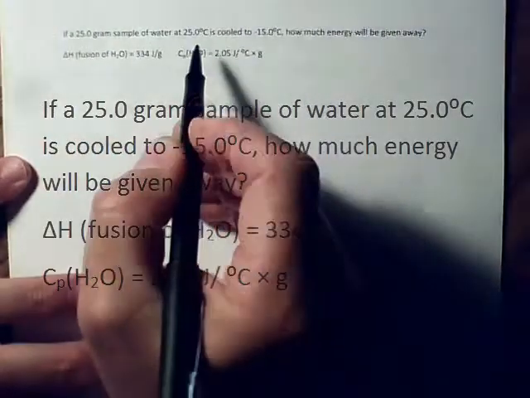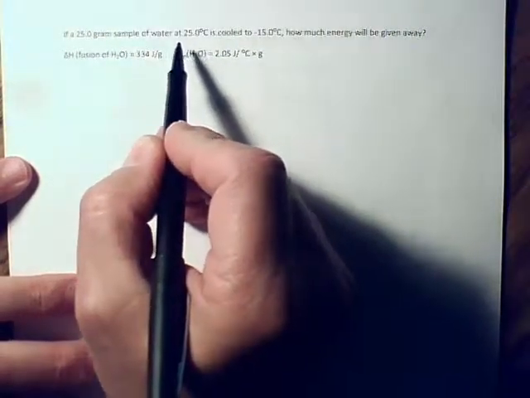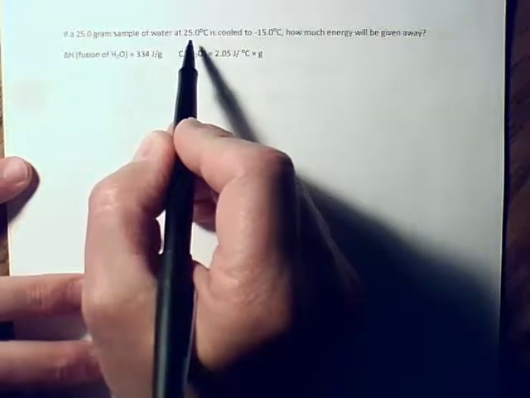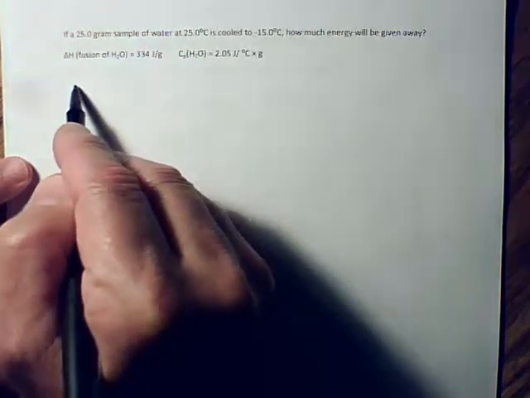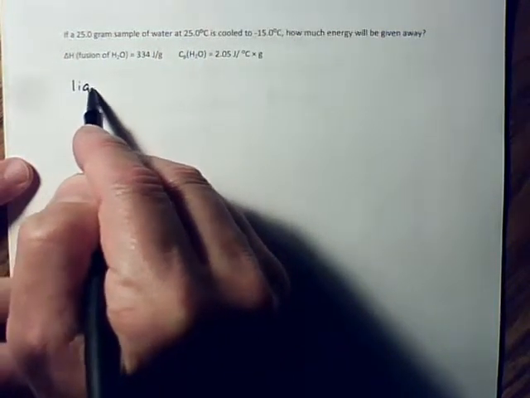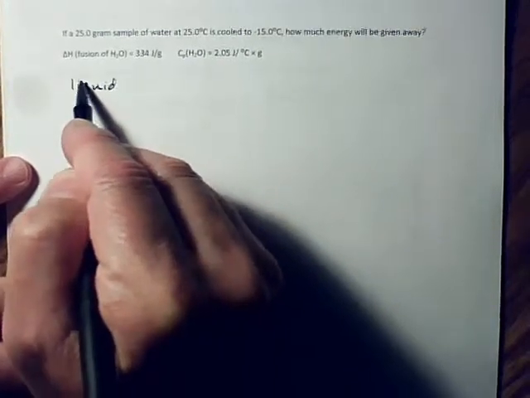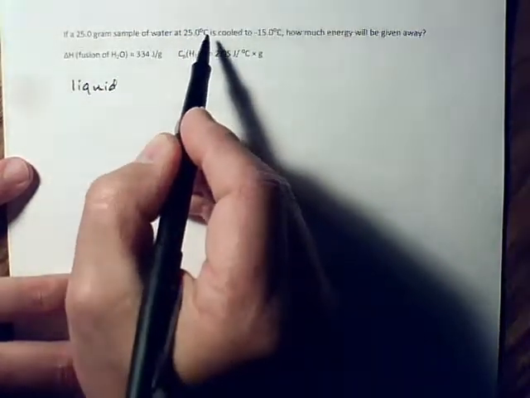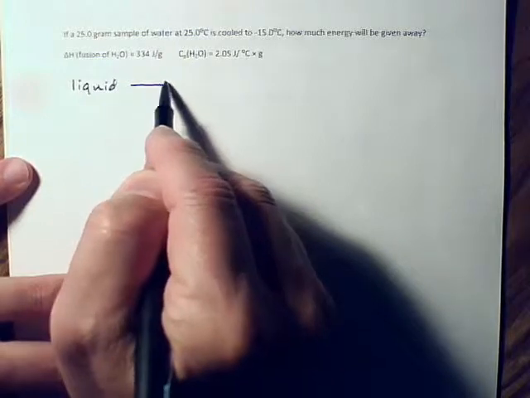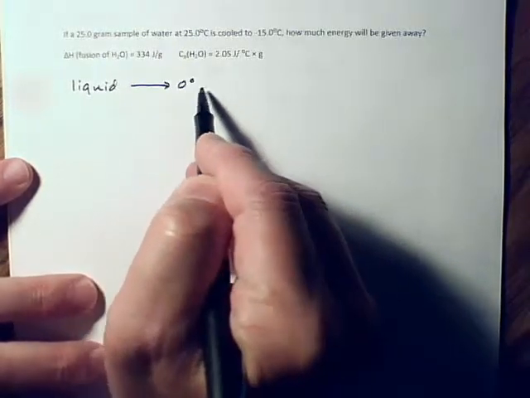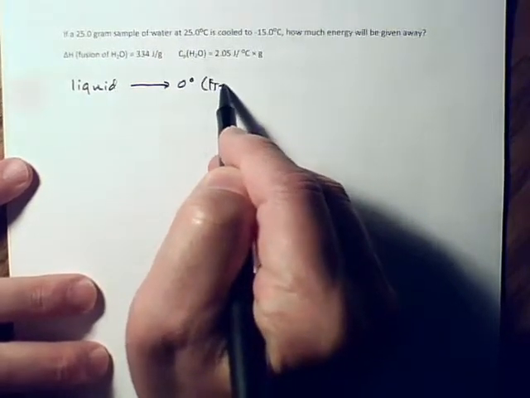So what we have here is a sample of water starting at 25 degrees, so we're starting in liquid form. As we cool the water, it's going to cool down to 0 degrees C where it's going to freeze.